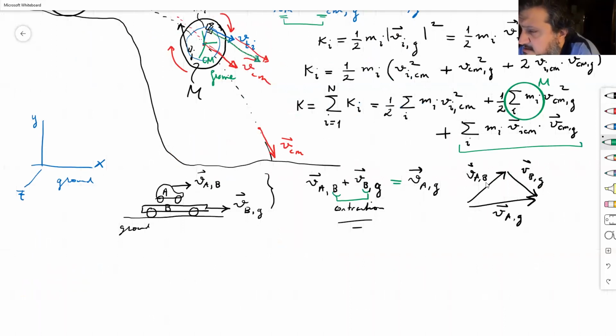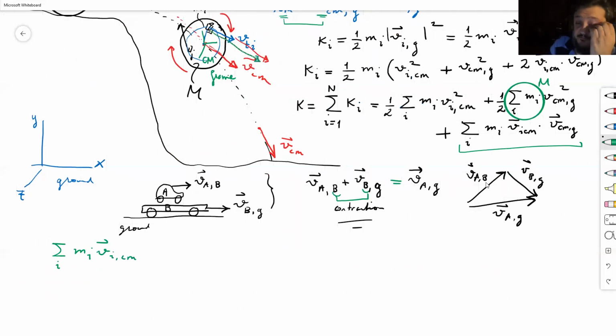All right. So let's take a look at this third term here. So we have the summation here, m_i v_i with respect to the center of mass. So what is it?